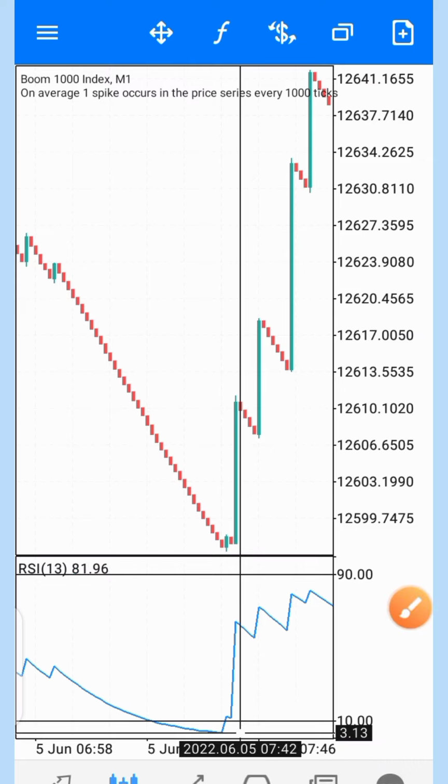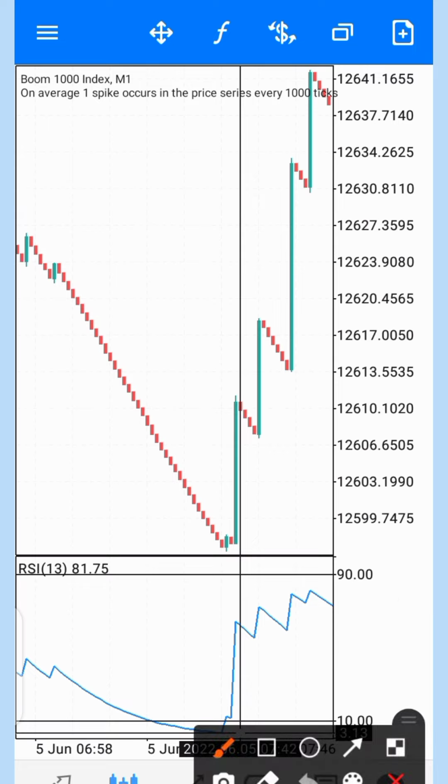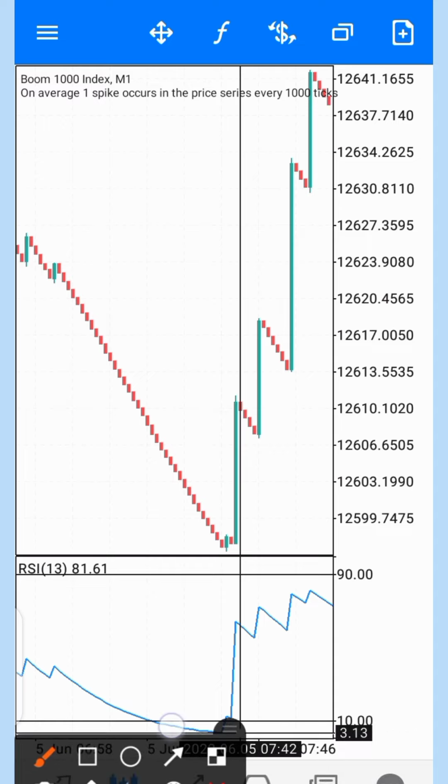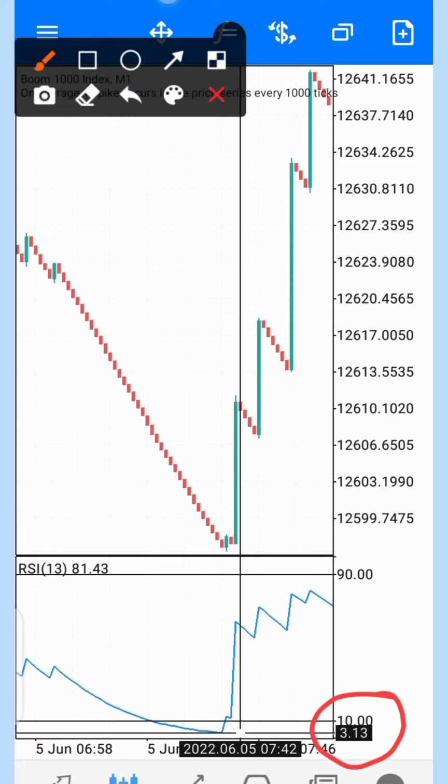You can see it in the black here; this tool is covering that place. Okay, good. So you can see 3.13. This is where the spike happened, 3.13.